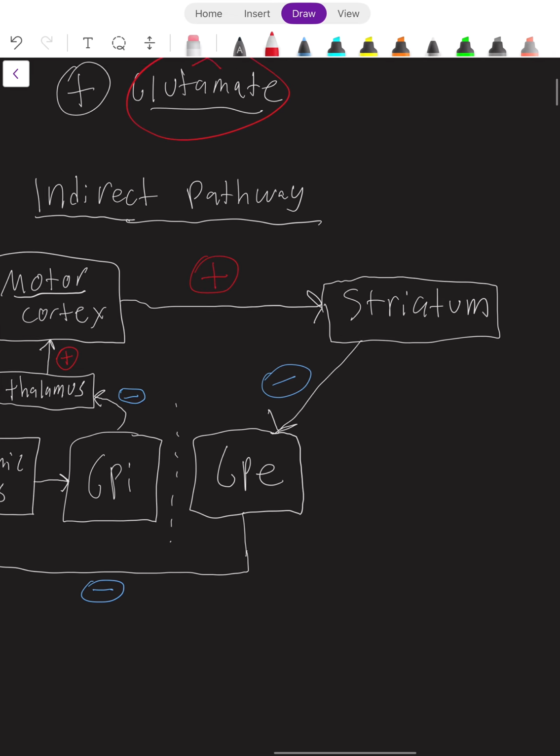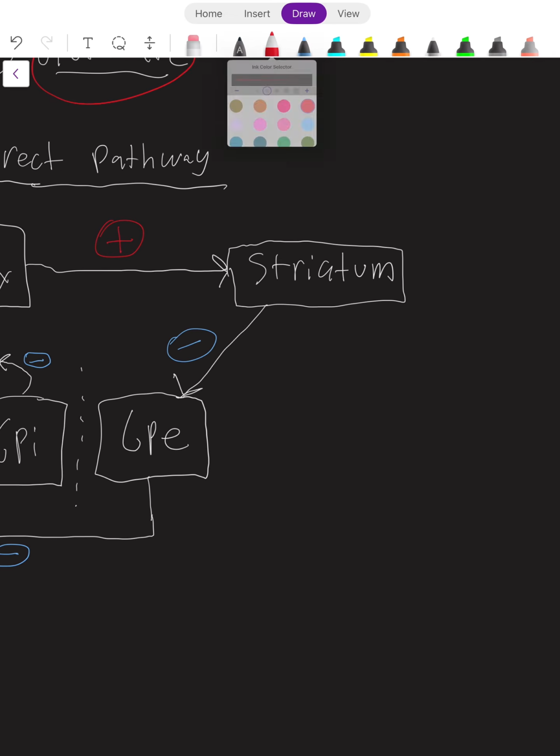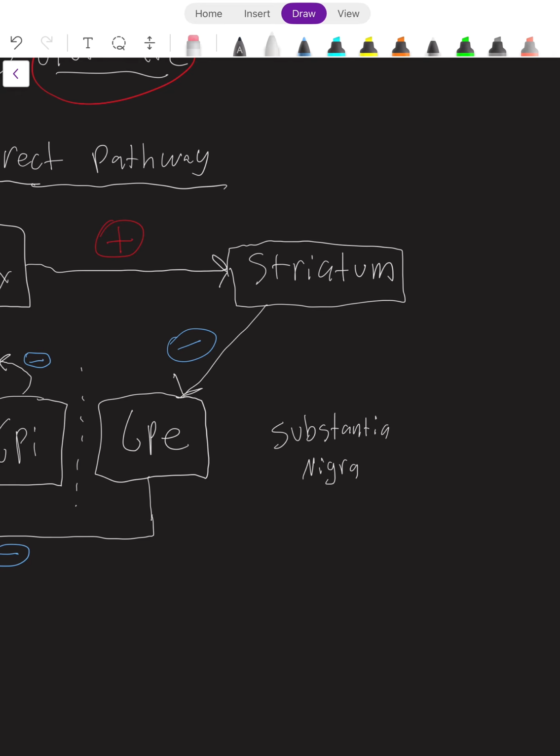Let me just make sure. Oh, I forgot a structure called the substantia nigra, which is super important. Because, and I might do this in a separate video, that's where dopamine is produced.